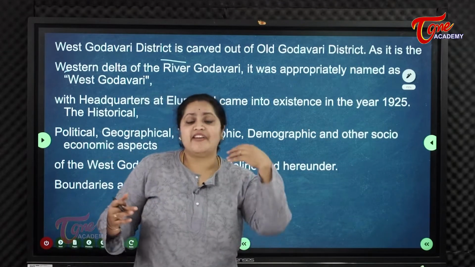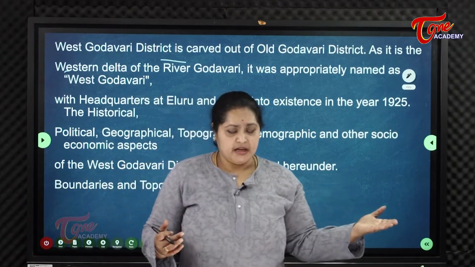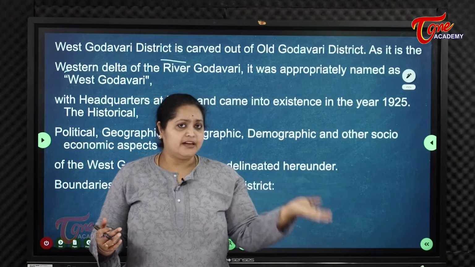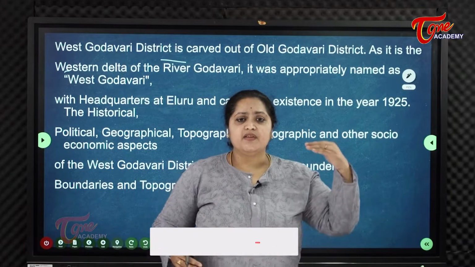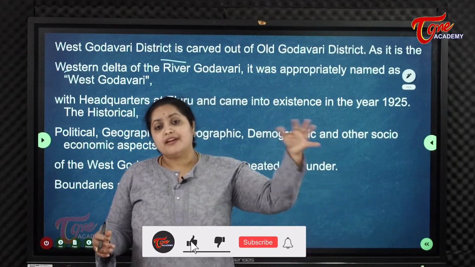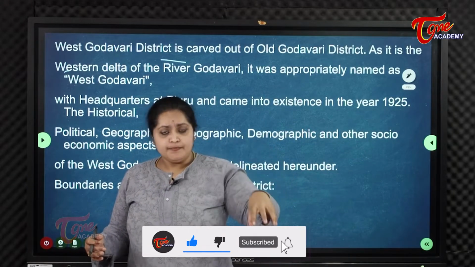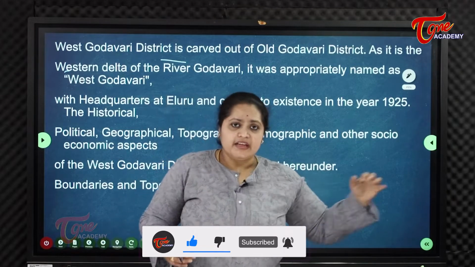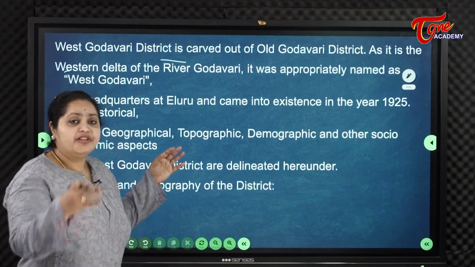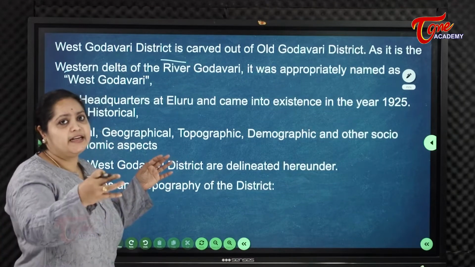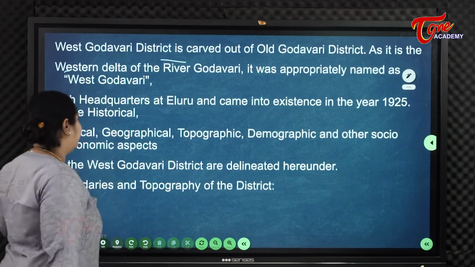Because it is on the western side of the river Godavari, on the western delta. The eastern delta of the river Godavari is East Godavari, and the region on the western delta is called West Godavari, named after the river and the delta region where it is located.